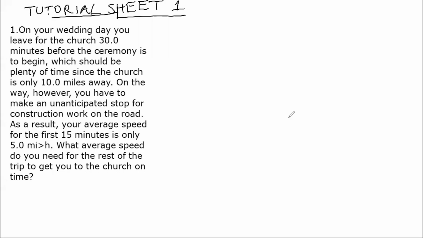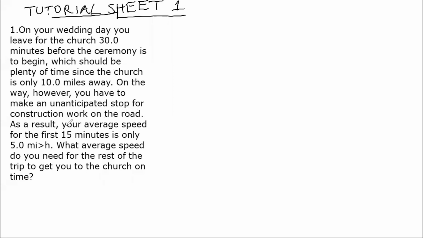Okay, so here we have a question which reads: on your wedding day, you leave for church 30 minutes before the ceremony is to begin, which should be plenty of time since the church is only 10 miles away. On the way, however, you have to make an unanticipated stopover for construction work on the road.